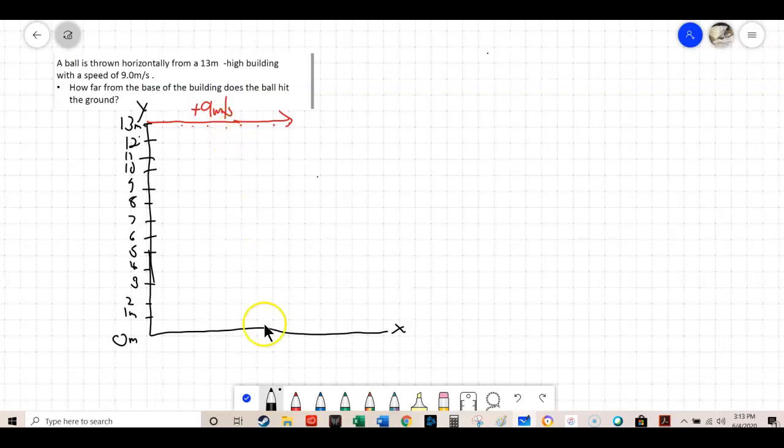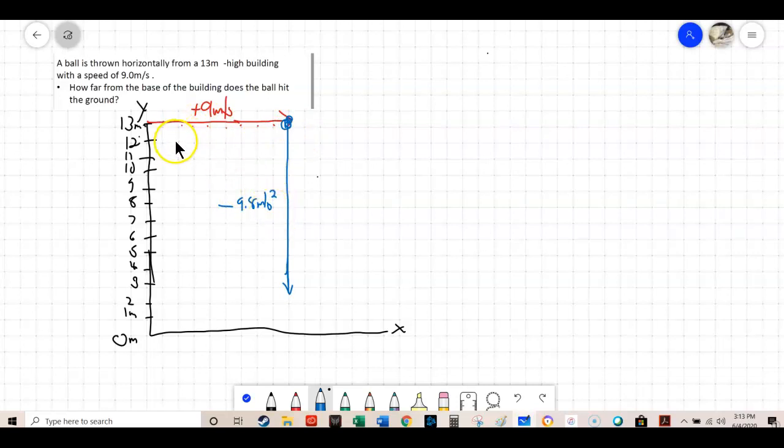And the thing about gravity is it's going to be pulling it down at roughly 10 meters per second. So it's going to be pulled down at negative 9.8 meters per second squared. So the acceleration vector is working on this at negative 9.8 meters per second squared, right?